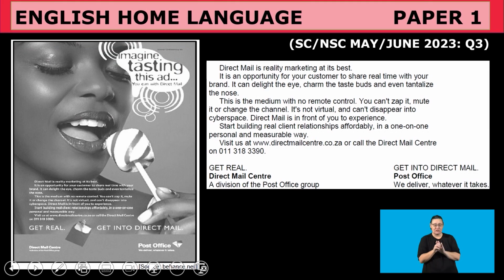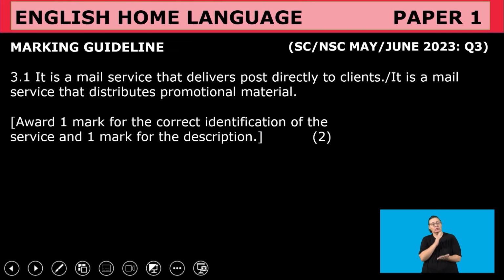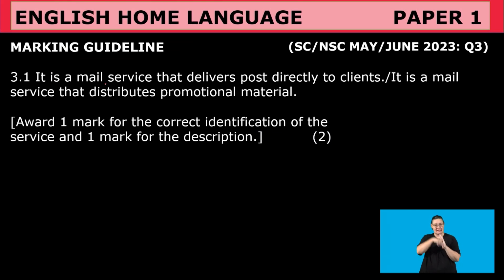This advertisement is a direct mail advertisement, and it's a service that delivers products to customers so that they can see and feel and taste the product in person instead of seeing it on a screen. So direct mail center, it's from the post office, and if you go and study this, you'll find the details about the service. Make sure that you include detail in your answer.